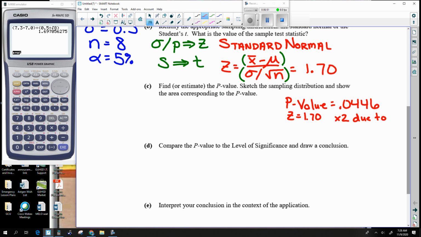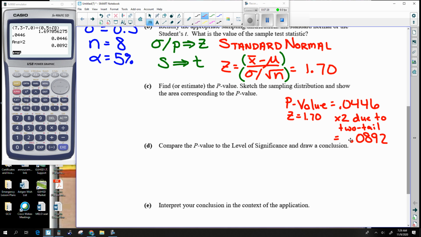We multiply this by 2 because this is a two-tail. So the p-value is actually, in this situation, 0.892. Again, this is only with a z with a two-tail, not a t with a two-tail. So 0.892 is the actual p-value of this problem.